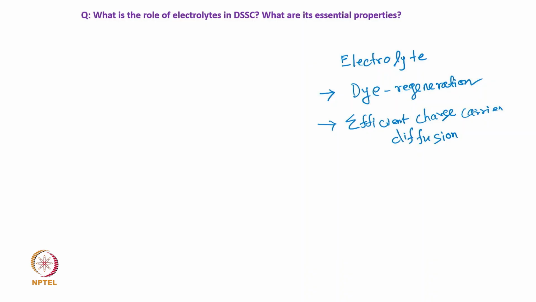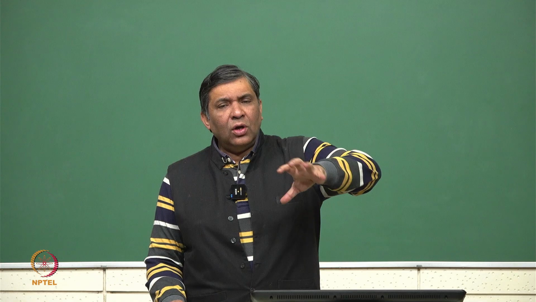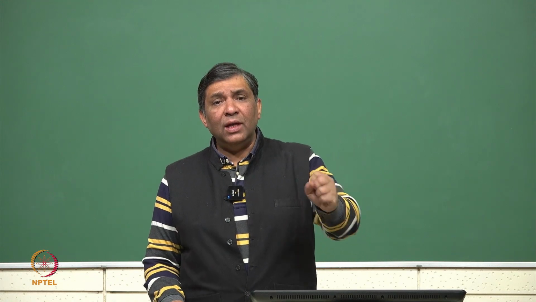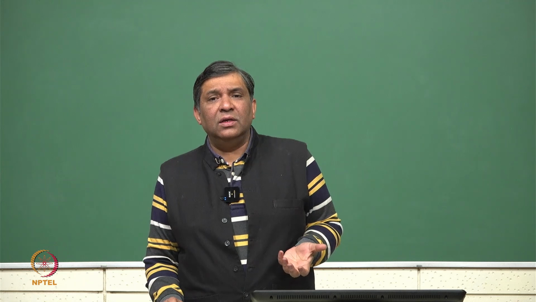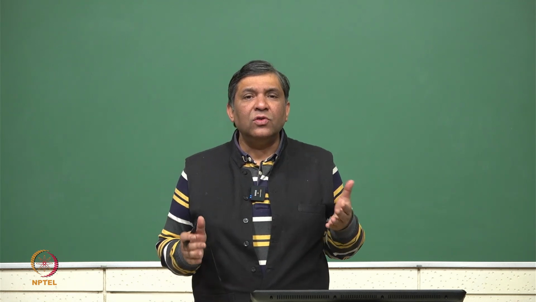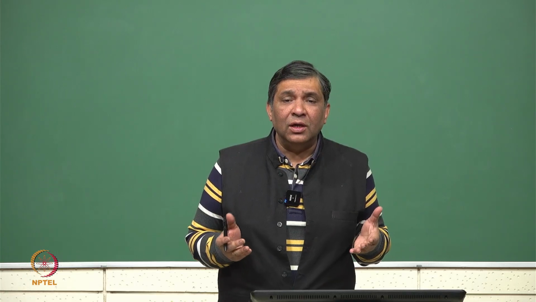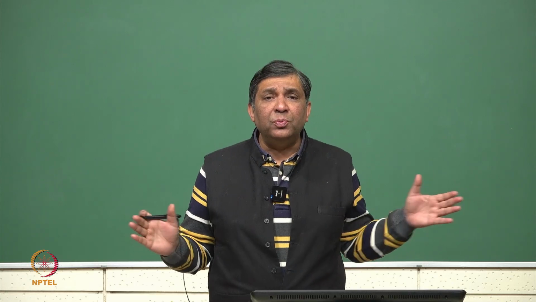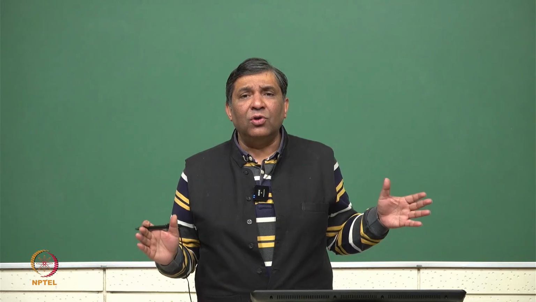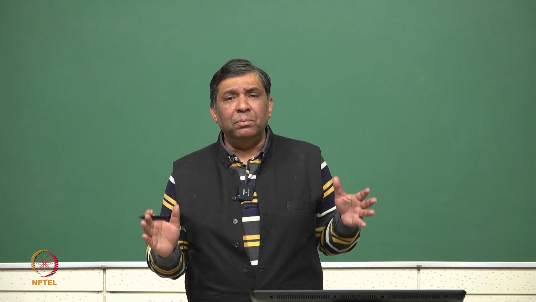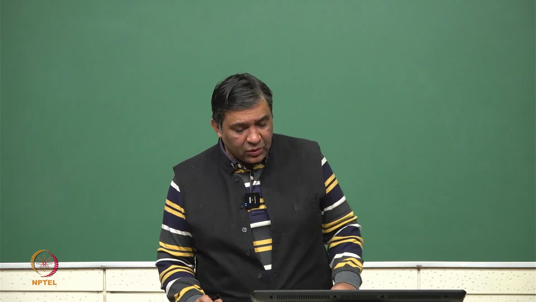The third important property of an electrolyte is that the light comes and it not only shines on the dye, the electrolyte is also facing the light. So, it has some kind of absorption band, a light absorption capability. That should be completely different from the absorption band of the dye.